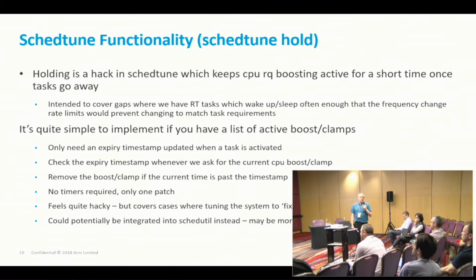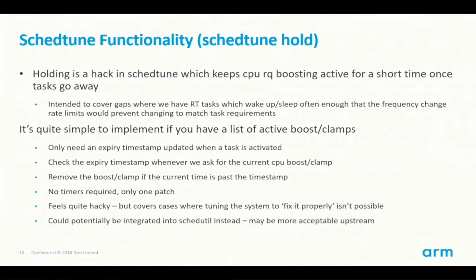Yeah, in a similar way to IO weight boosting. Maybe we could reuse the IO weight boosting. So can you explain the policy one more time? So basically, every time an RT task wakes up, which belongs to a SCED-tune group with a boost active, so not all of them, but like top app tasks, we record the timestamp when it wakes up, and we activate boost on the CPU.